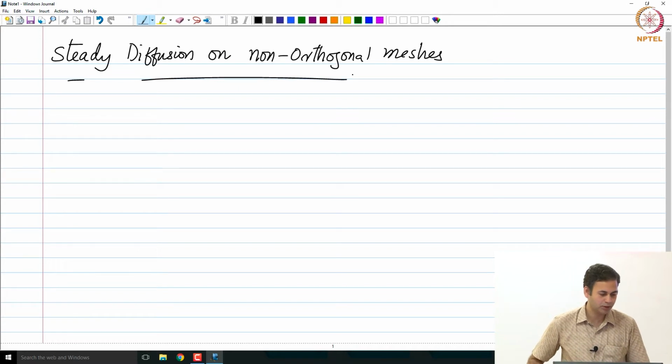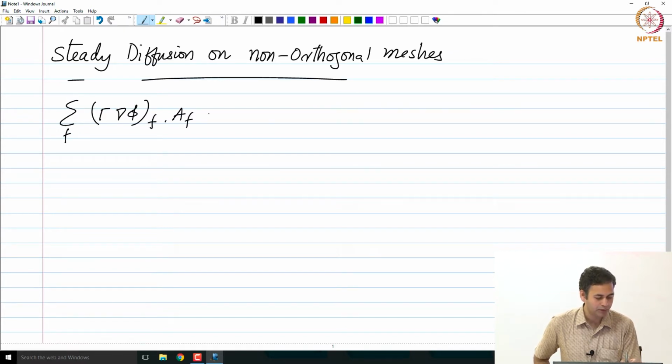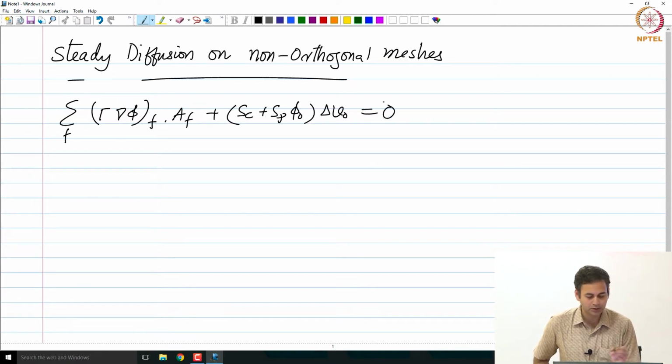Fine. So the equation that we have derived is basically sigma f gamma grad phi f dot A f plus S c plus S p phi 0 times delta V 0 equals 0, right. That is the equation we have, and we are working with the diffusion flux term.